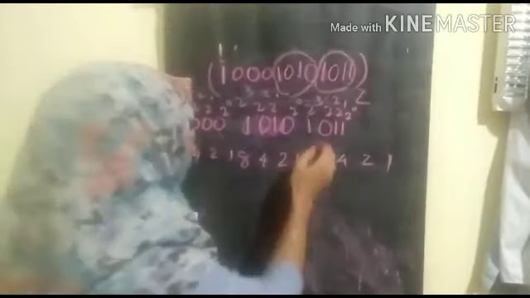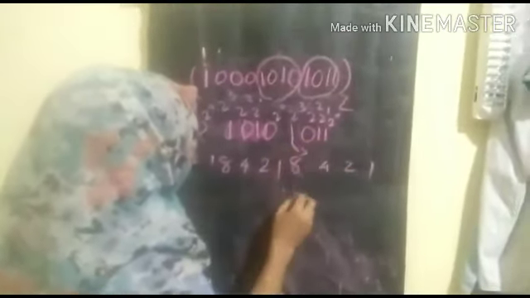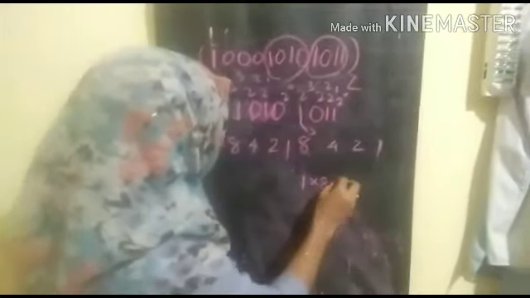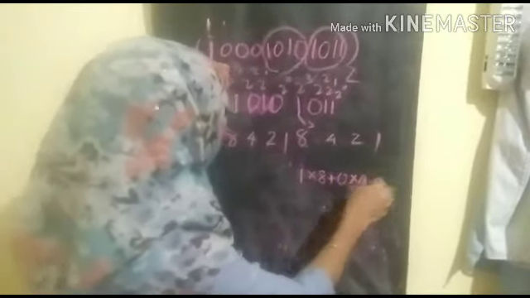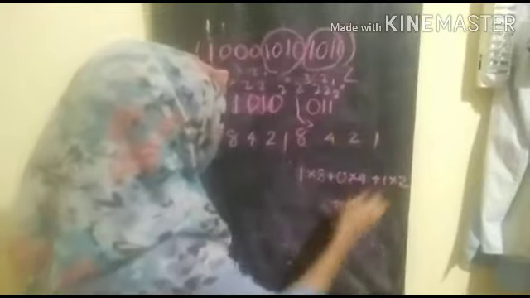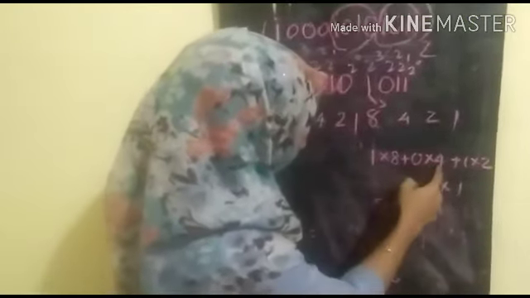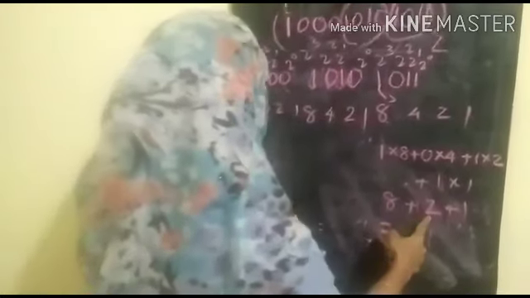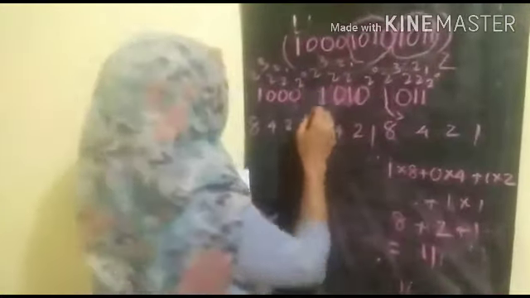Then multiply: 1 into 8 plus 0 into 4 plus 1 into 2 plus 1 into 1. That is 8 plus 2, 10, plus 1, 11.